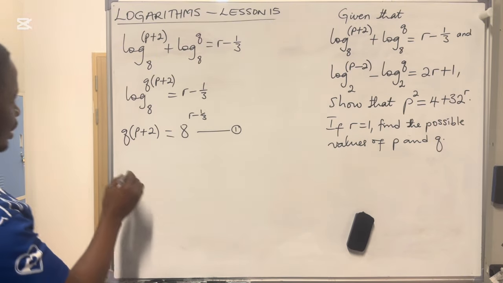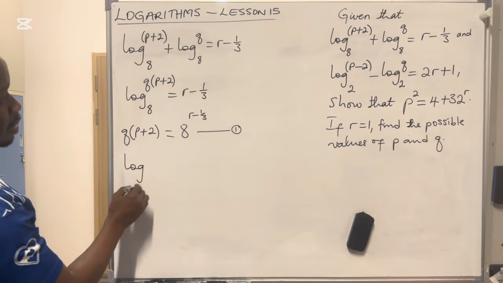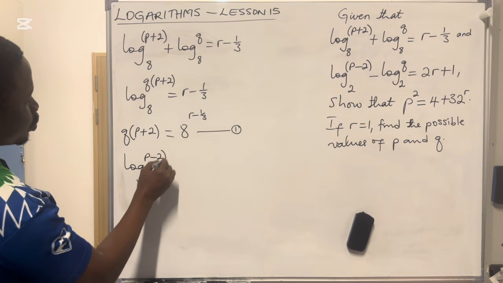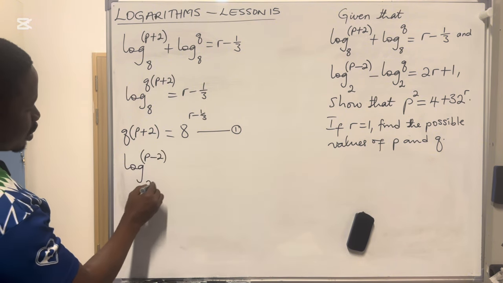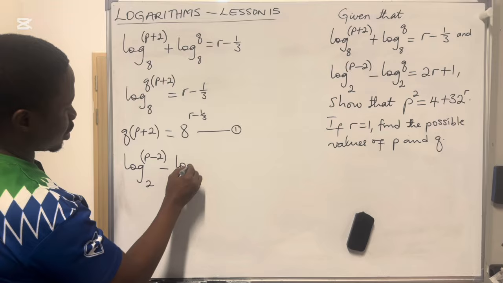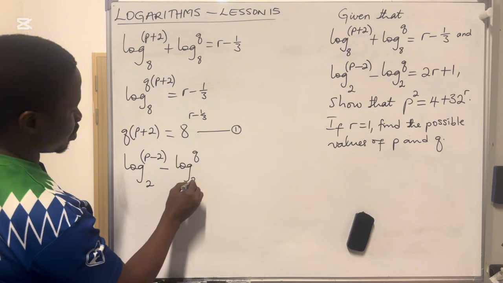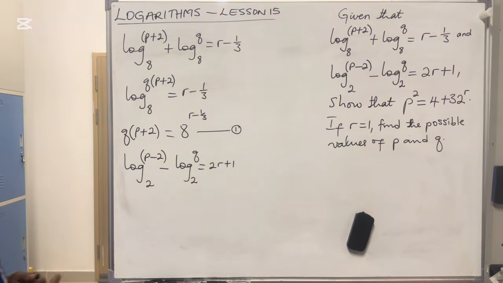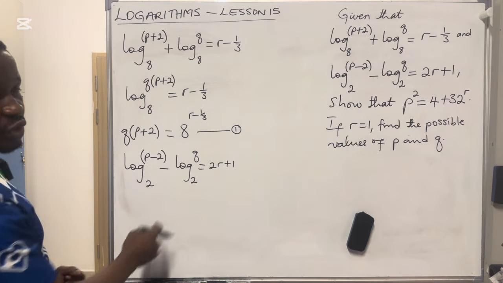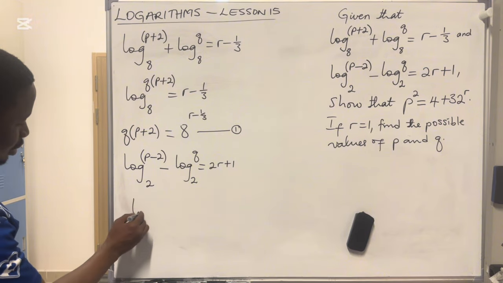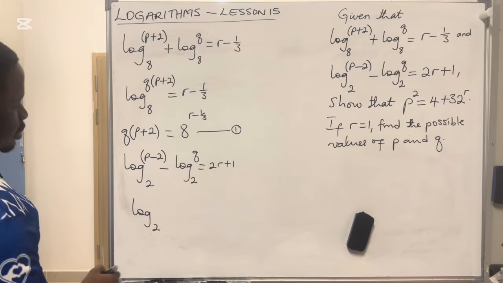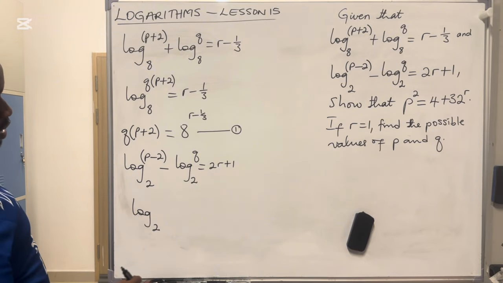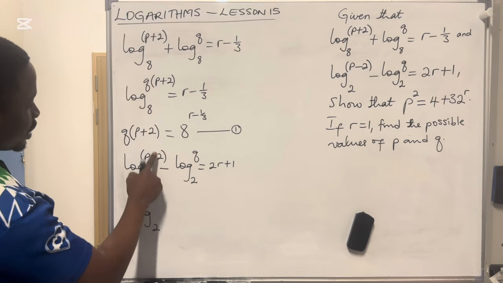The second one says log (p-2) base 2 minus log q base 2 equal to 2r plus 1. Base 2, we are lucky, we take 1. Because of minus, what do we do? We divide.